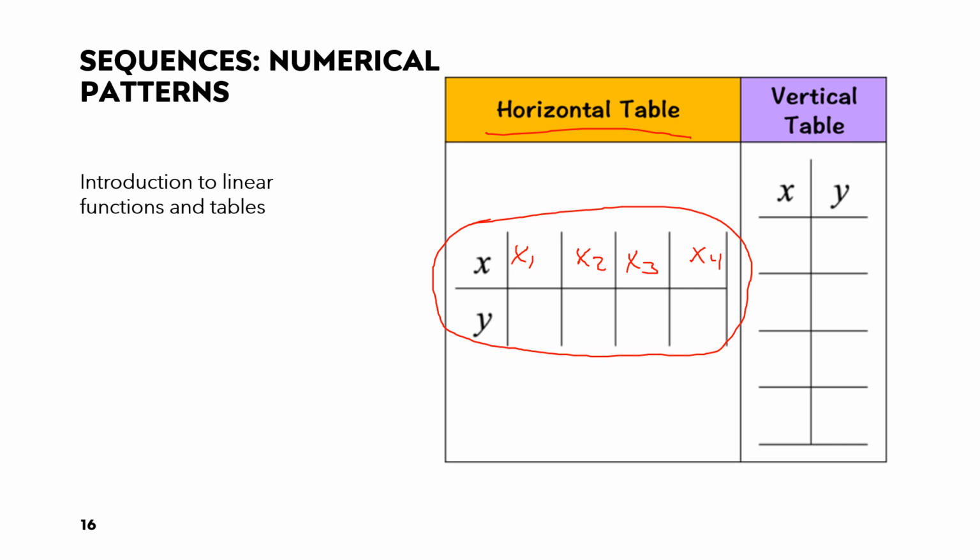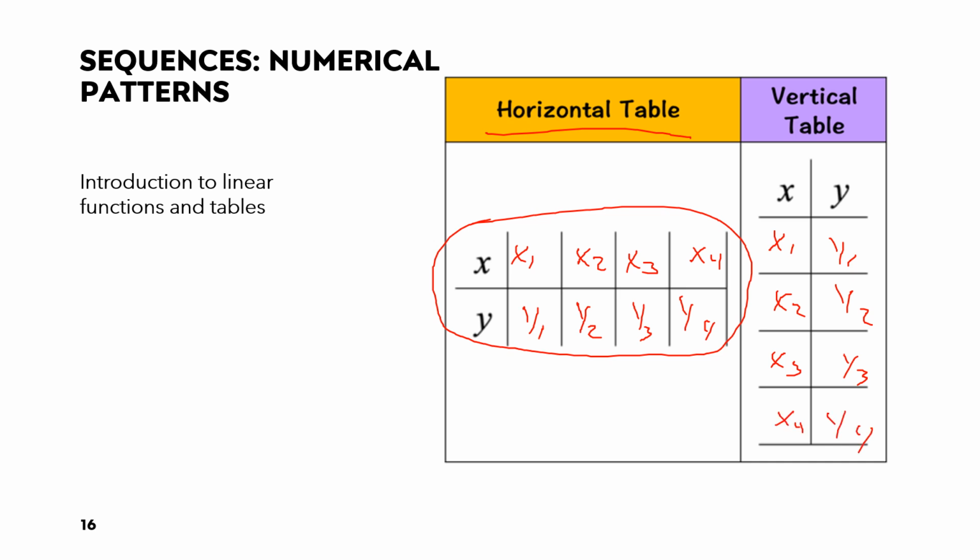And just like we have x1, x2, x3, x4, we do the same thing with y: y1, y2, y3, y4. And over here, x1, y1, x2, y2, x3, y3, x4, y4.